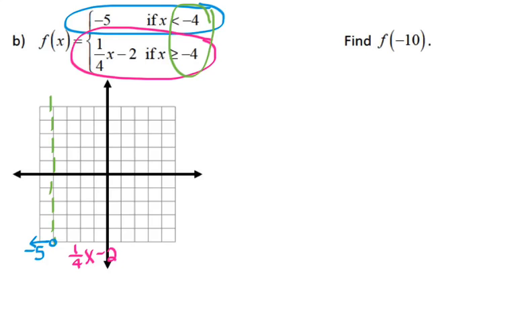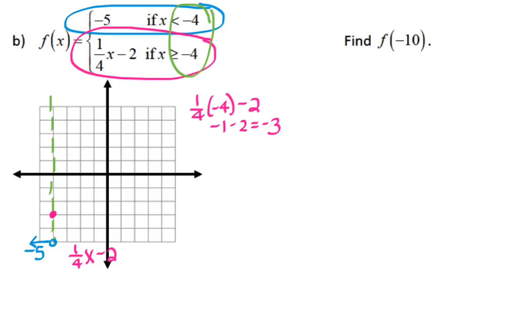For the pink function, we need to figure out where this function is going to land on the boundary. So I'm going to go ahead and take negative 4 and plug it in. That gives me 1/4 times negative 4 minus 2. Well, 1/4 of negative 4 is negative 1, minus 2 is negative 3. So on my boundary, I'm going to go down to negative 3. 1, 2, 3.